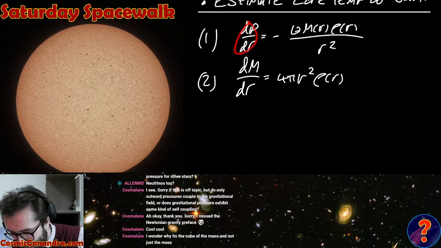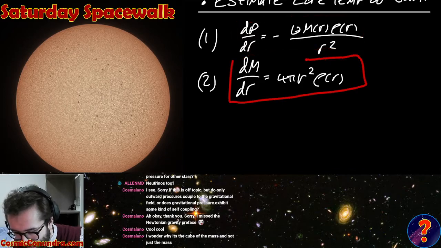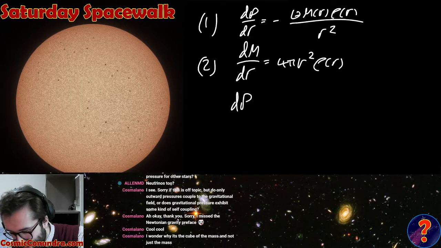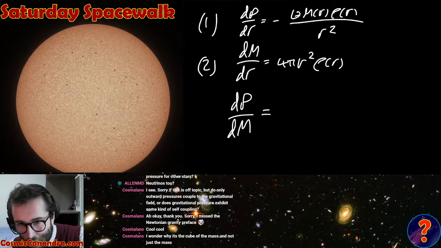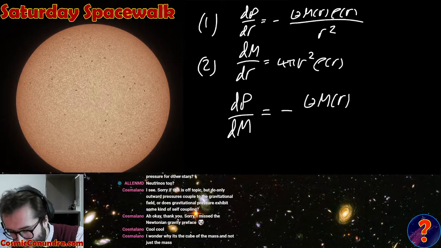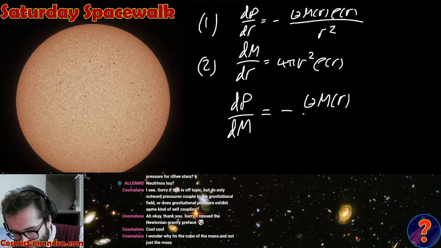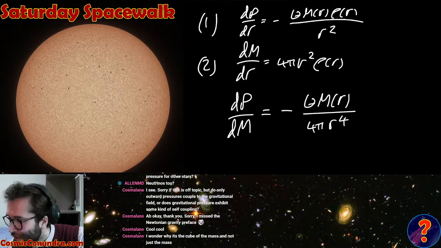I'm going to take this equation up here, equation 1, and divide it all by equation 2. Okay. So that gives me dP by dM is equal to minus GMr, because the rhos will cancel, over 4 pi r to the 4th.